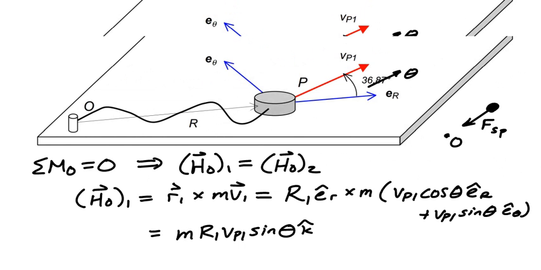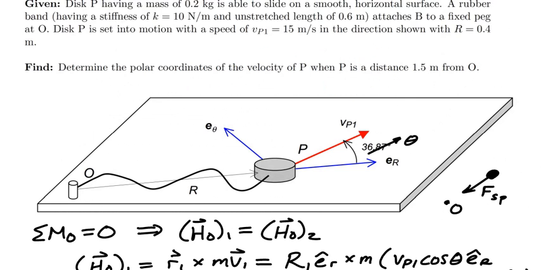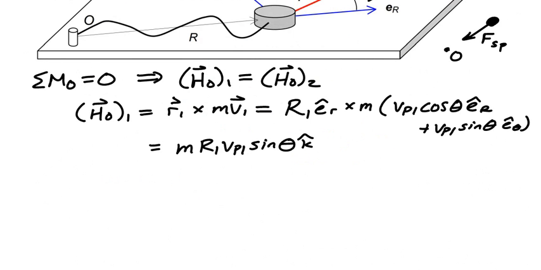Now the next thing I'm going to do is keep in mind what I'm asked for in the problem, the polar coordinates of velocity at the second state. So I'm going to compute h about O now at that later state. In this case this is going to be r2 cross m times v2.